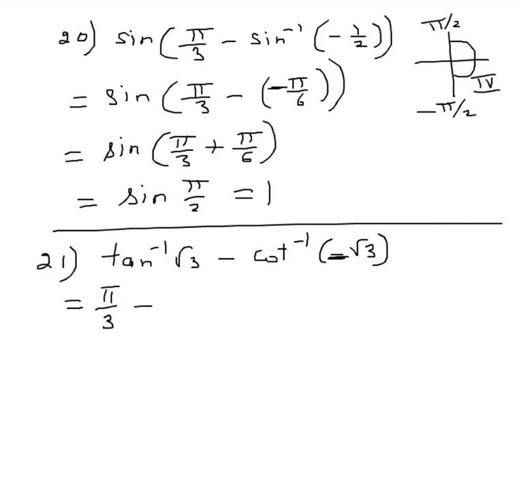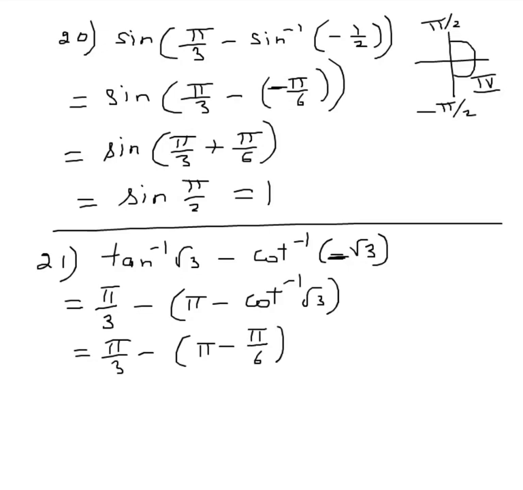Minus root 3, a negative value, is a second quadrant angle, so pi minus cot inverse of root 3. Cot inverse of root 3 is 30 degrees. So pi by 3 minus pi plus pi by 6, which is pi by 2 minus pi, giving minus pi by 2. Subdivision B is the correct answer.